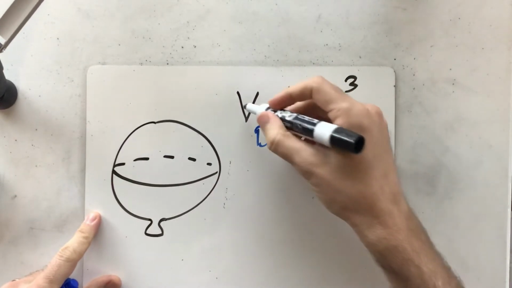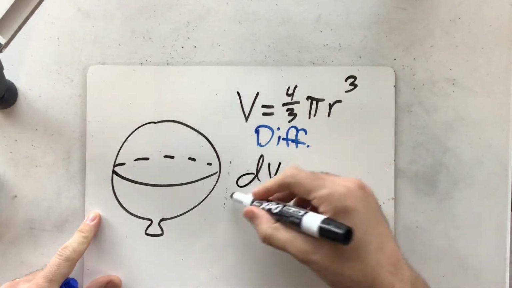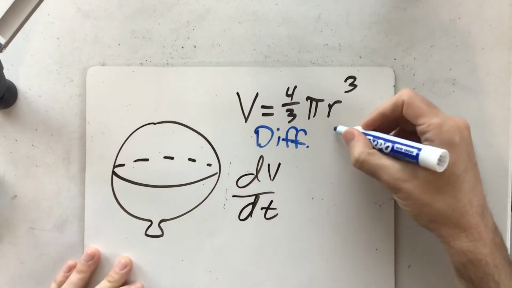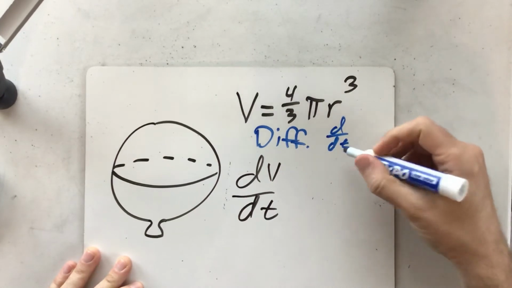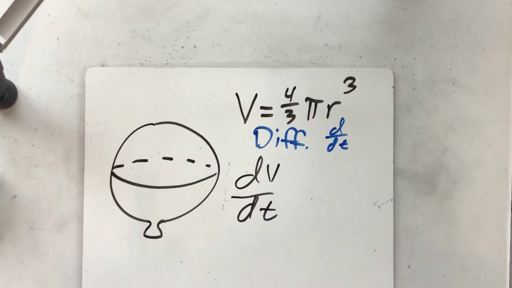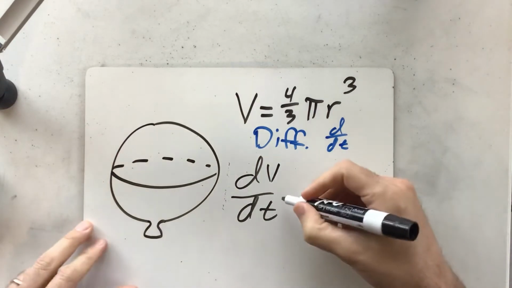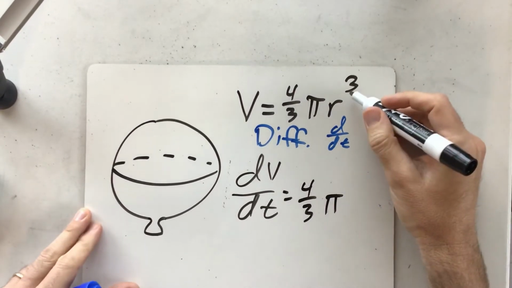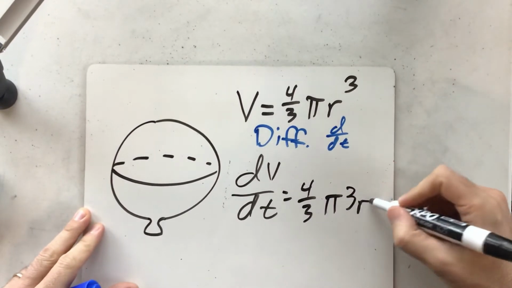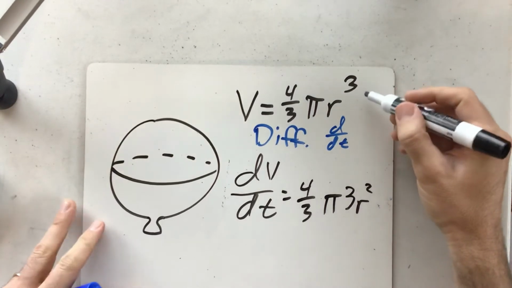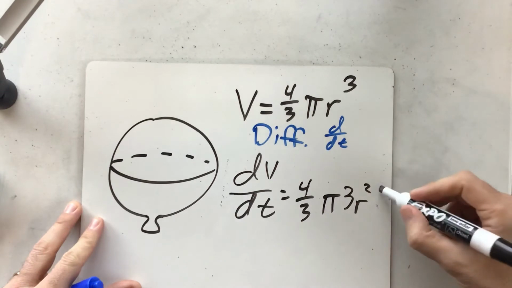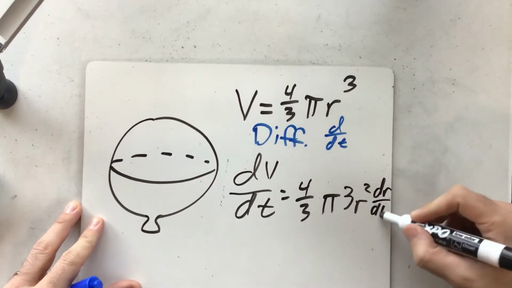Once I differentiate, the derivative of the volume is going to be dV dt. So as we differentiate, notice we are differentiating with t as our variable. So we get dV dt, and then on the right-hand side, we're going to get 4/3 pi, and then we take the derivative of r cubed, which is 3r squared. But again, we're doing implicit differentiation. t is our variable, so we have a dr dt on here.